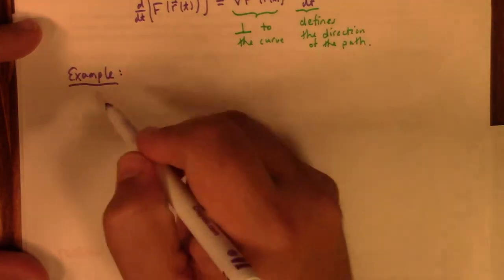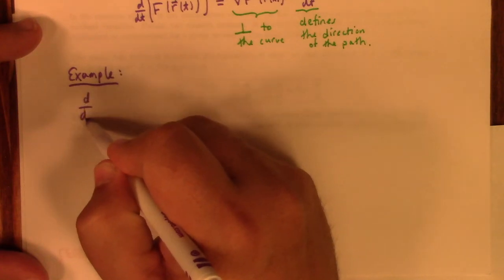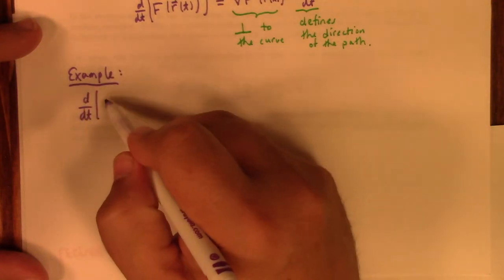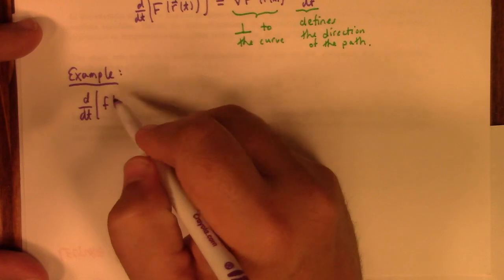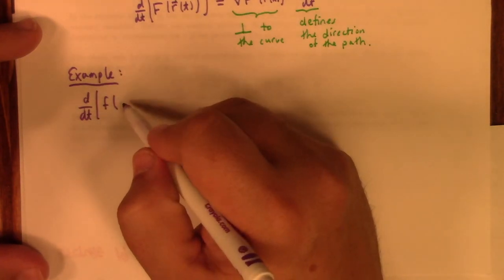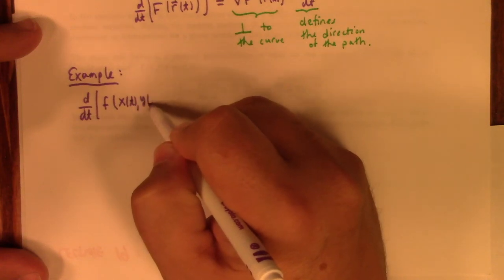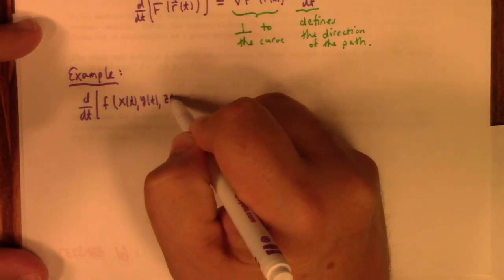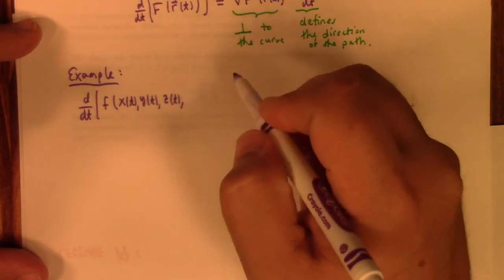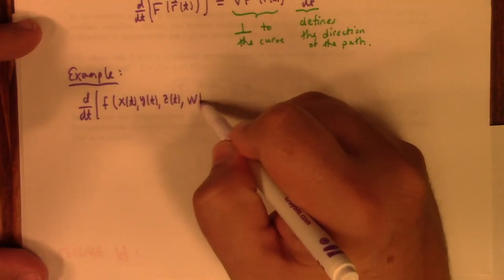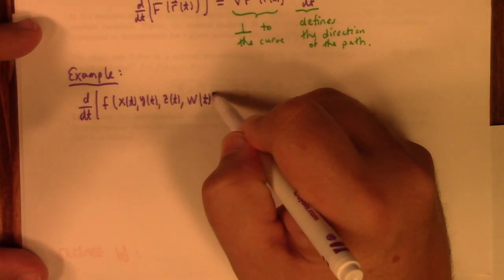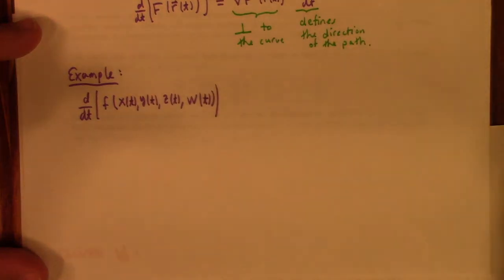If somebody said d dt, and then you had f of x of t, y of t, z of t, and maybe there's even a 4th variable, w of t, right? If somebody tells me that, then I know what I need to do.